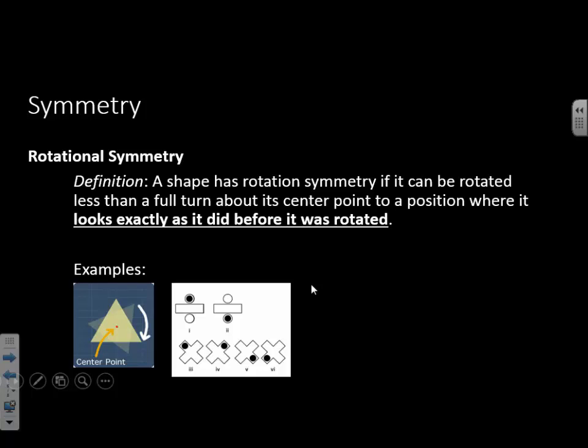Okay, so it has rotational symmetry when we can rotate it less than a full turn and it looks exactly as it did before we rotated it. All right, so typically we rotate it from its center point.